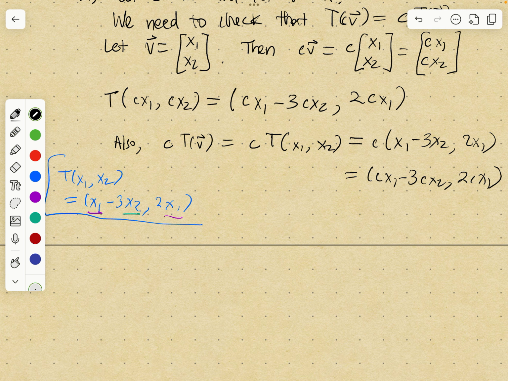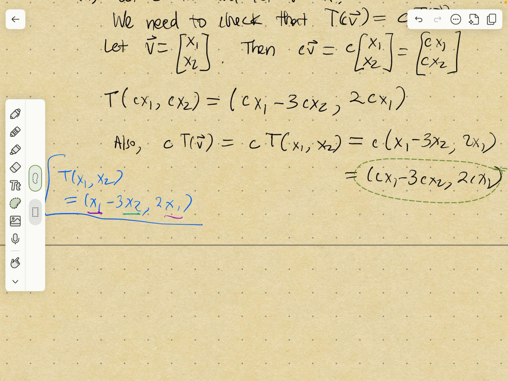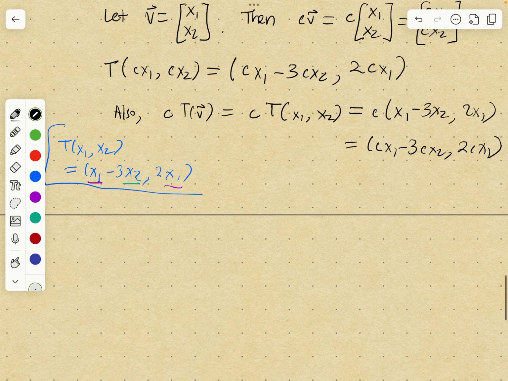And now what do you notice? We calculated T of CV and you got that, and we calculated C times T of V and you got that. And are they the same? Yes, they are in fact the same. So notice that we have T of CV equals C times T of V. And that shows the second condition is true.